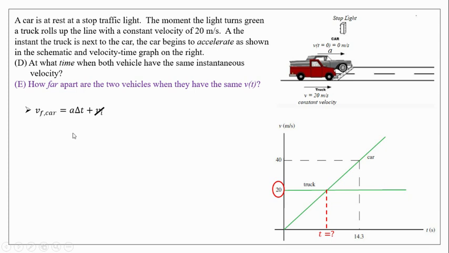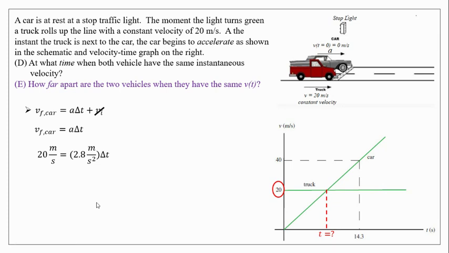So for VF, I'm going to plug in 20 because they both have the same speed of 20 meters per second. I just don't know what the time is. So I can just plug in 20 for VF of the car. The acceleration is given in terms of a graph, but we found that A is 2.8.